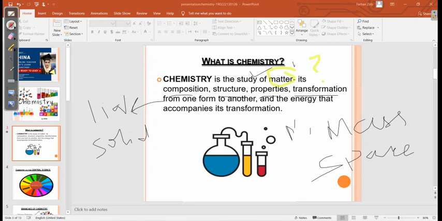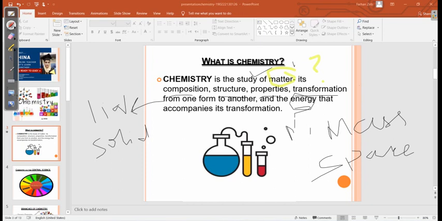And the energy that accompanies its transformation, meaning what kind of energy we require to transform from one form to another.